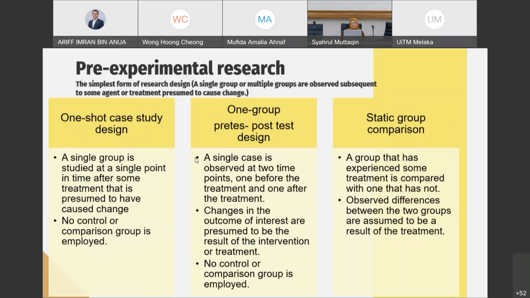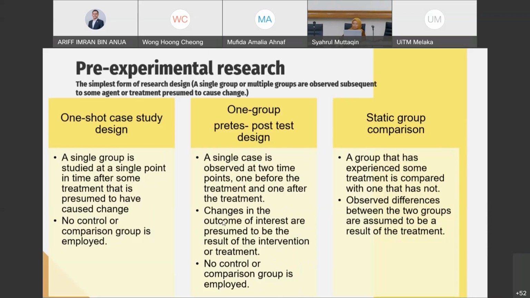It means that a single case is observed at two time points, one before the treatment and one after the treatment. Changes in the outcome of interest are presumed to be the result of the intervention or treatment. No control or comparison group is employed since it's one group, right?